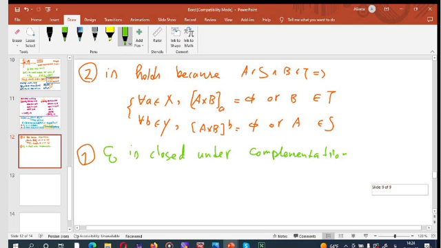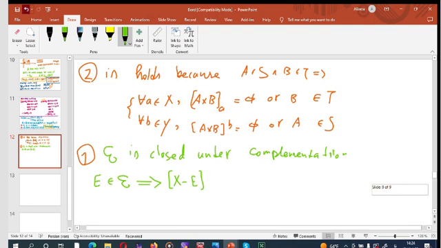If E belongs to E, then we must prove that its complement belongs to E too.